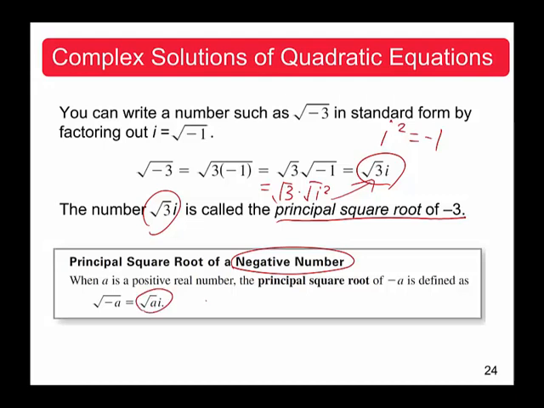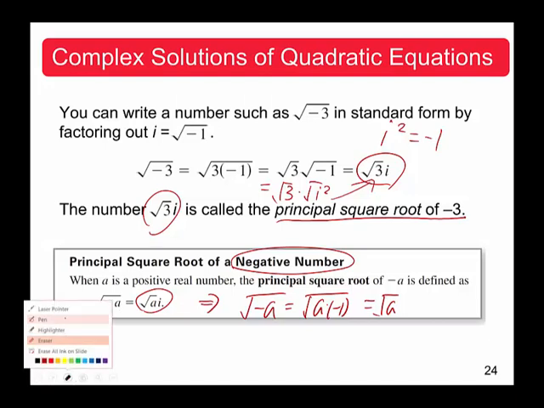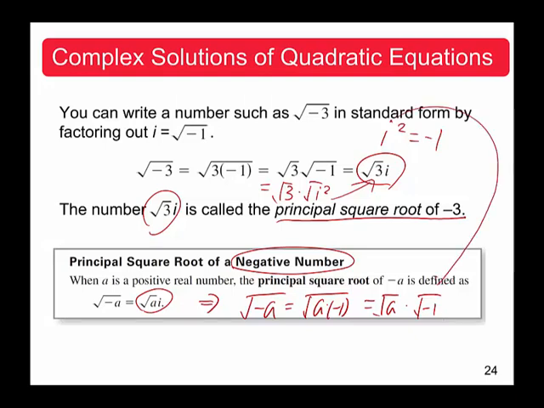And this is very similar to the previous example. You just turn the expression into a times -1 and separate it as radical a times radical -1. We know -1 becomes i squared.